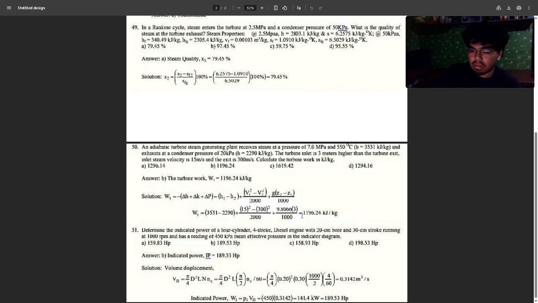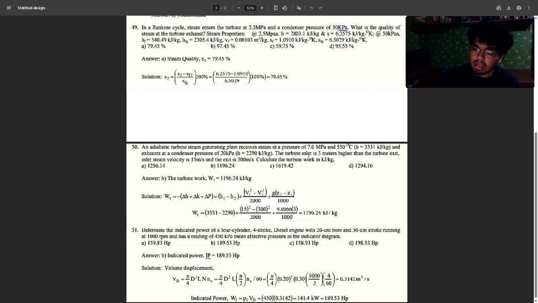Next, an adiabatic turbine steam generating plant receives steam at a pressure of 7 MPa and 550 degrees Celsius, H is equal to 3531 kilojoules per kilogram, and exhaust at a condenser pressure of 2 kPa, H is equal to 2290 kilojoules per kilogram.